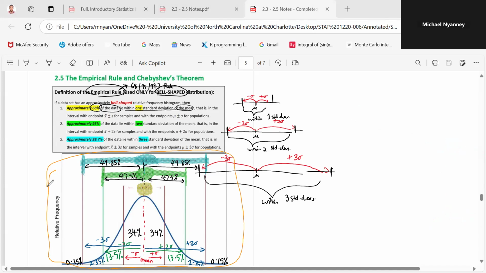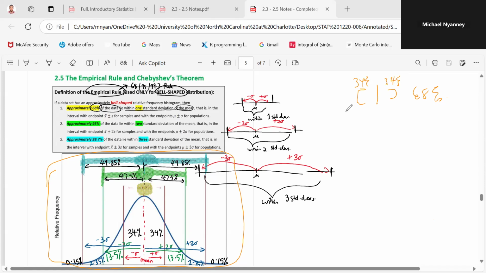With the first interval, if you go one standard deviation of the mean by the empirical rule, so let's say this is my first interval and I've gone one standard deviation of the mean. I believe that 68% of my data will be here. If I divide this into two, then I'll be having 34% here and another 34% here.